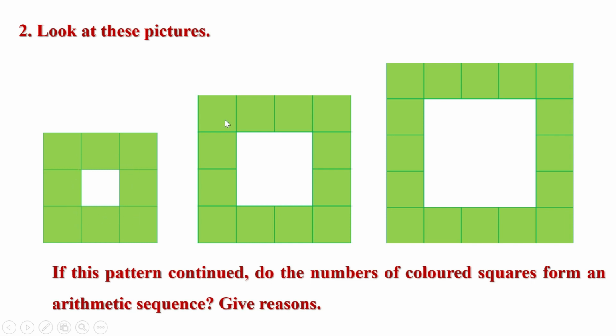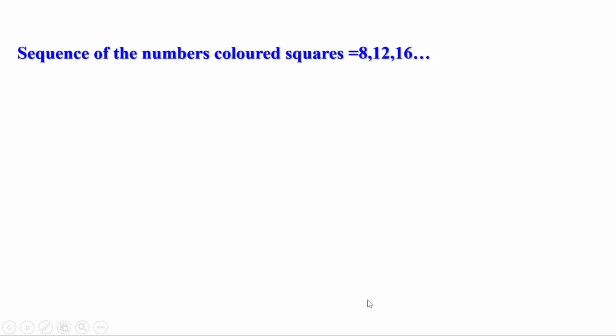In the second figure, there are 12 colored squares. And in the third figure, there are 16 colored squares. So the number of colored squares is 8, 12, 16, etc. Now let us check whether it is an arithmetic sequence or not.